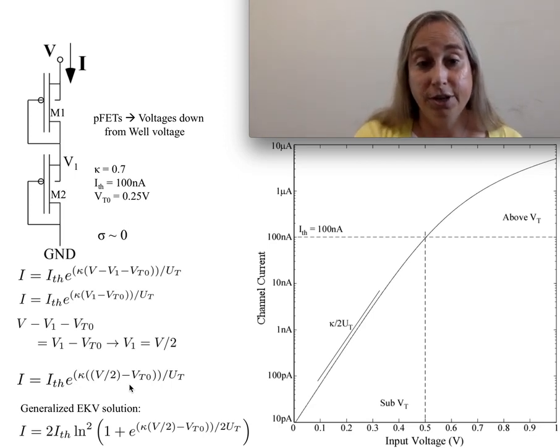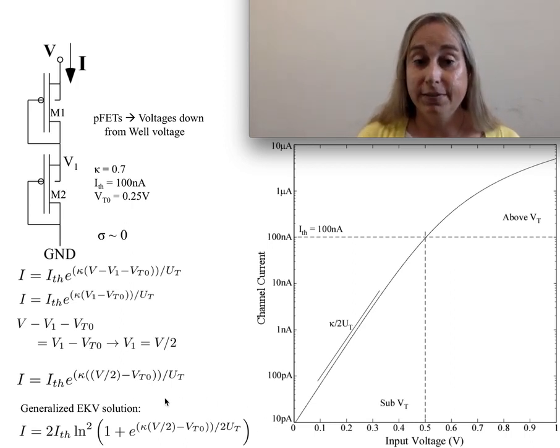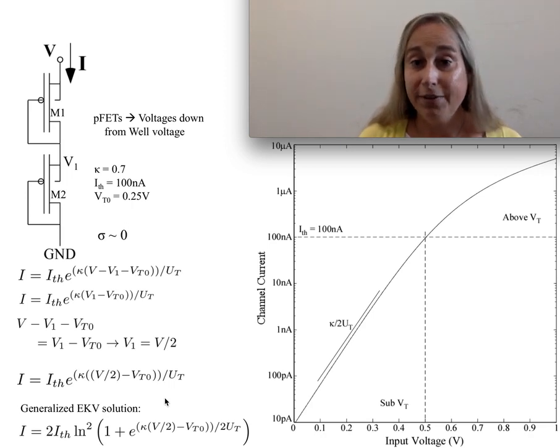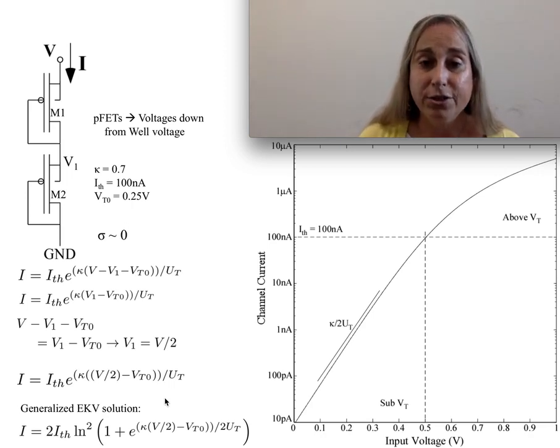In fact, you can do this in a generalized EKV solution below, and that gives you the analytic function. If you're not familiar with the EKV structure, it's a really nice function that goes between subthreshold and above threshold, and that can be simplified analytically for the classical above threshold and subthreshold expressions. Very, very useful. If you do that, you can plot what this whole structure looks like, and what it turns out is I get a nice subthreshold region, but this is now kappa over 2 UT.